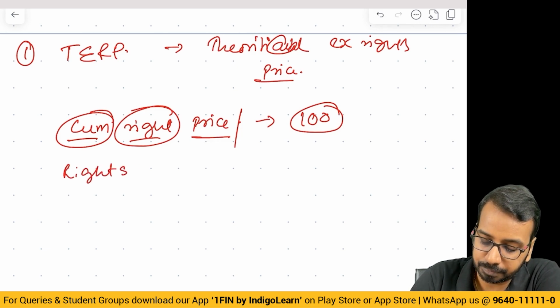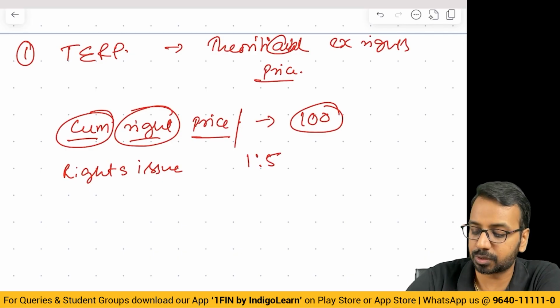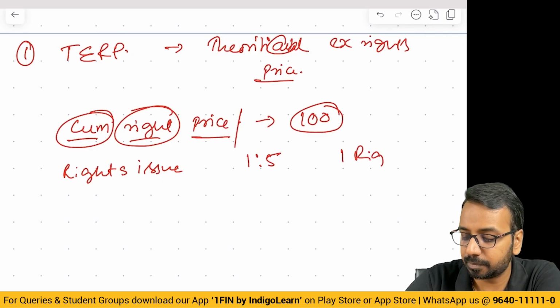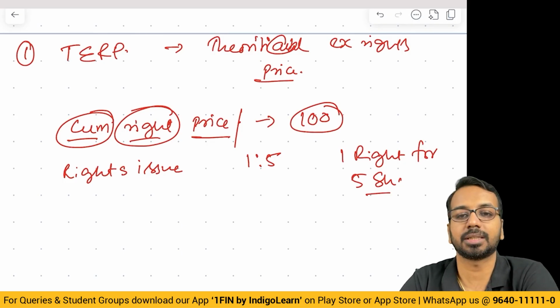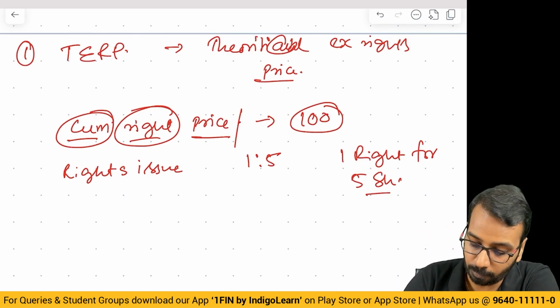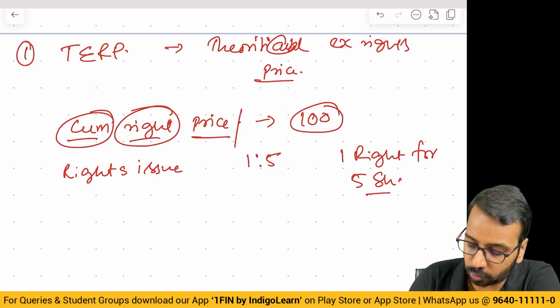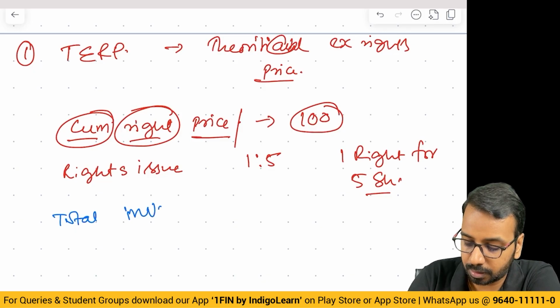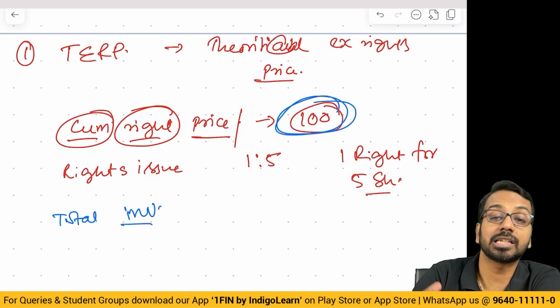Rights issue is 1:5. Meaning to say, I will get one right for 5 shares. So if you see my total investment, if I have to subscribe to this, I can buy shares at 100. How many shares do I need?